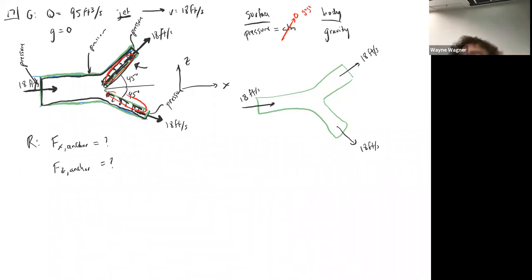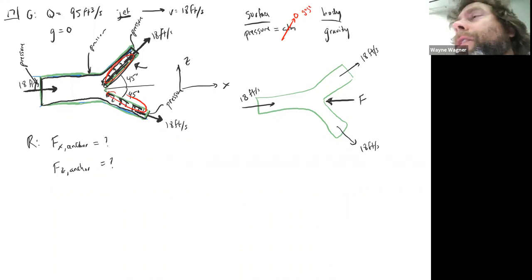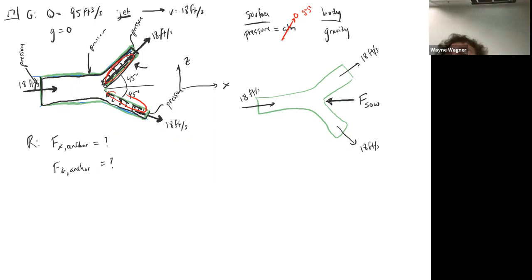We're just going to replace it by a single force, and I should write it on the surface because it's happening on the surface. I'm going to call this the force of the splitter on water. That accounts for all the reasons for what the splitter is doing to the water. I'm going to call that the force F_sw x.